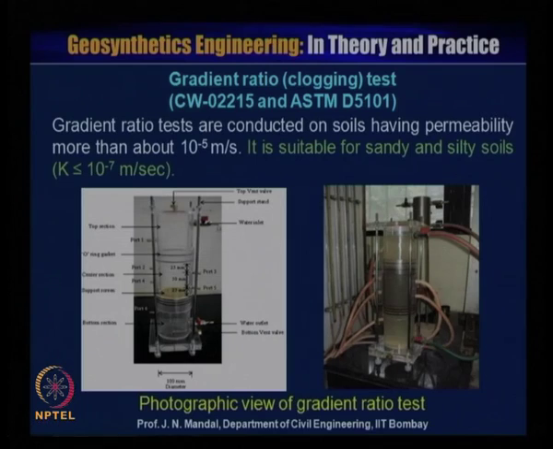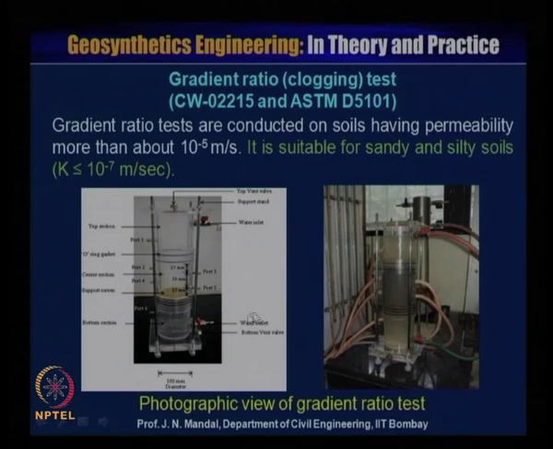Gradient ratio tests are conducted on soil having permeability more than about 10 to the power minus 5 meter per second. It is suitable for sandy and silty soil where the coefficient of permeability is less than or equal to 10 to the power minus 7 meter per second.